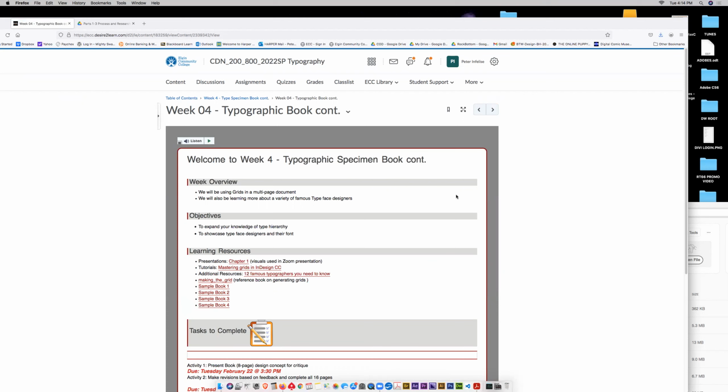To build on learning more about famous typeface designers, I posted a link to an article about 12 font designers or typographers that you should be aware of. We'll open that up. It's not something I necessarily want to read verbatim, but we'll give that a look because there are some typographers in there that I think are worth discussing. I posted 4 more sample books that we can take a look at, as well as some additional resources that I'll point out to you guys.